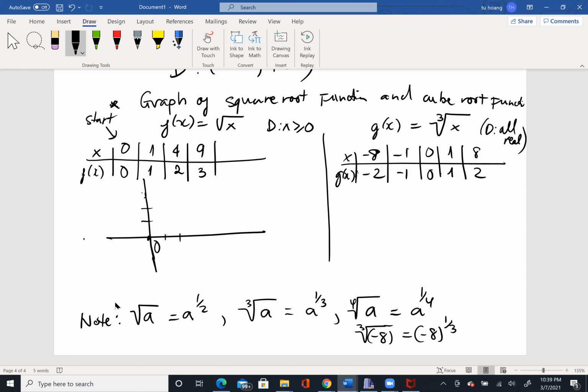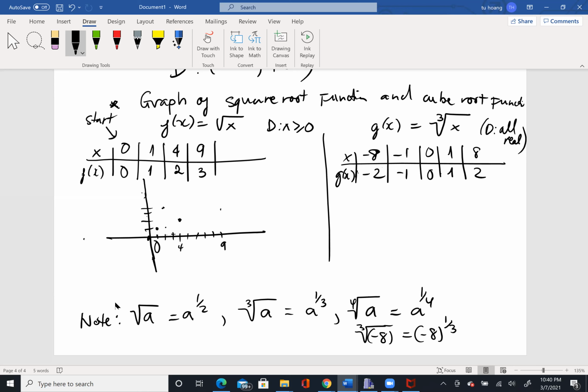Maybe I need a different scale. So let's say 1, 1, then 4, 2. Sorry, 4, 2. So 1, 2, 3, 4. Here's 4, and 2. And 9: 5, 6, 7, 8, 9. Here's 9, and 3.